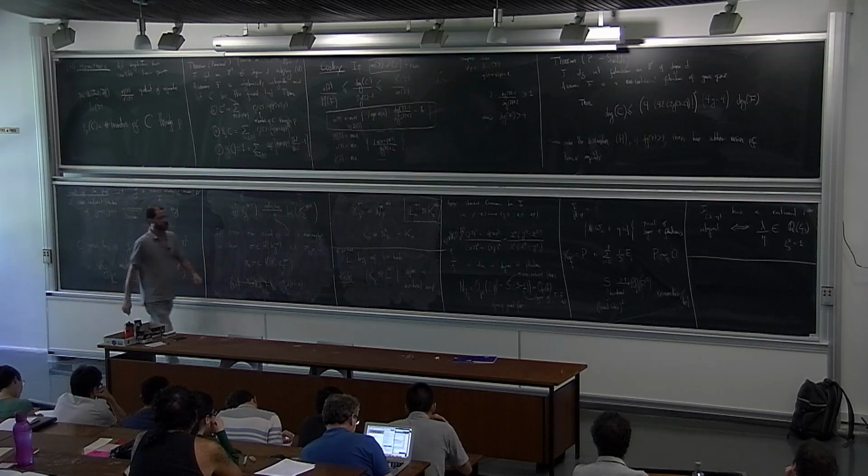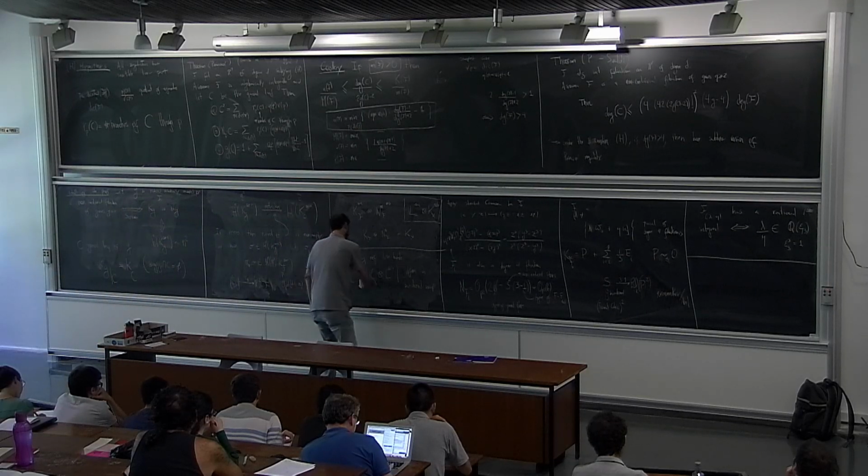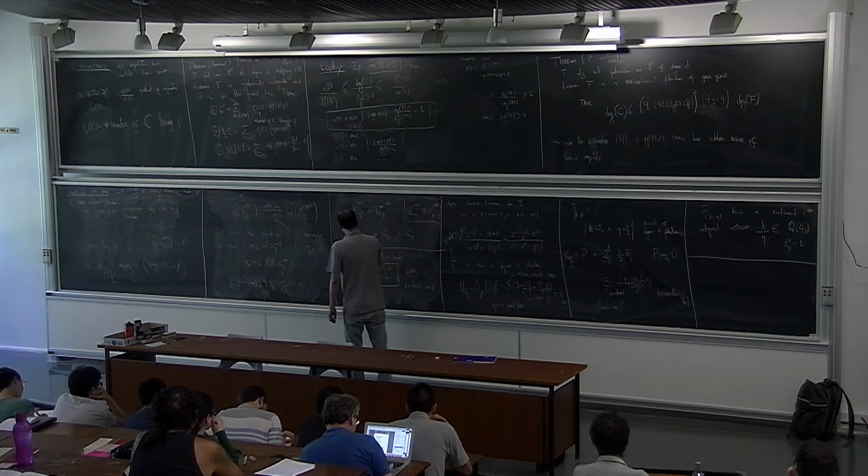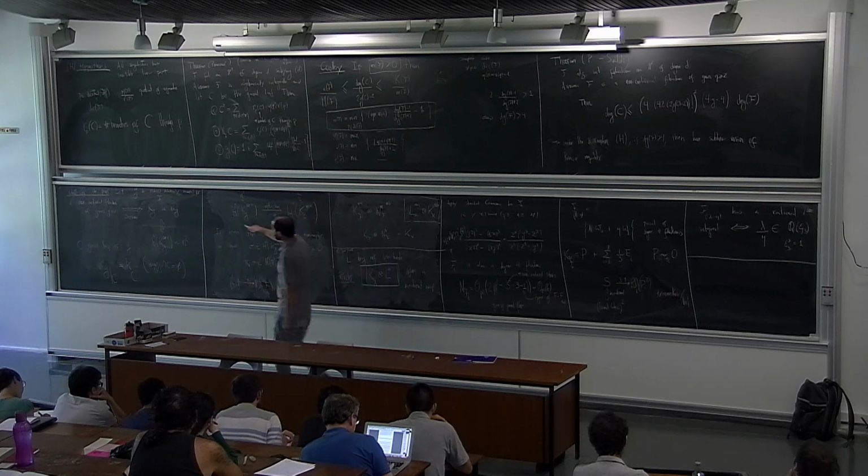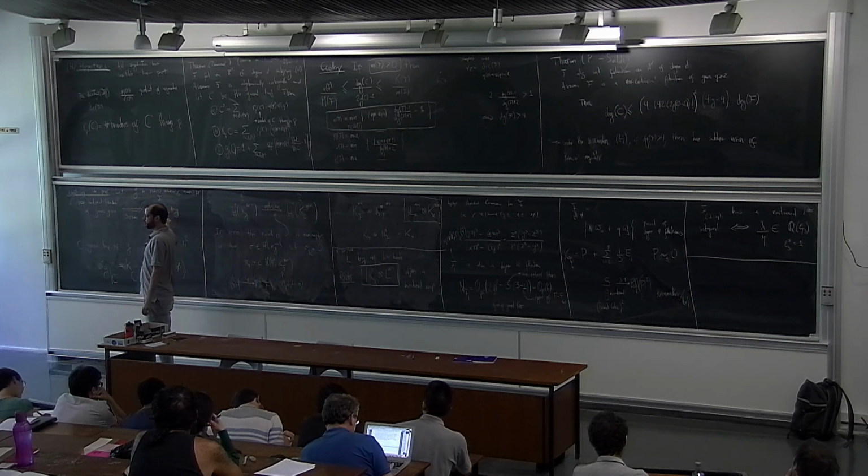So that's what we need to do: cook up the big and nef line bundle. In our situation, we are quite close to that. We have big, but we don't have nef.